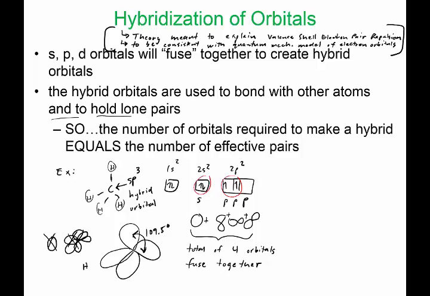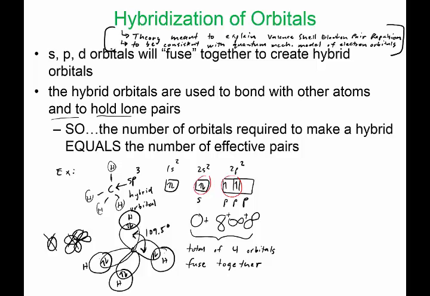So you have a carbon here, and hydrogen, hydrogen, hydrogen, hydrogen. Carbon puts an electron in each sp3 hybrid orbital, and hydrogen shares its electron. So in this sp3 hybrid, carbon has an electron there, and hydrogen also has one electron, and then they share. There's an overlapping of orbitals to make the covalent bond.